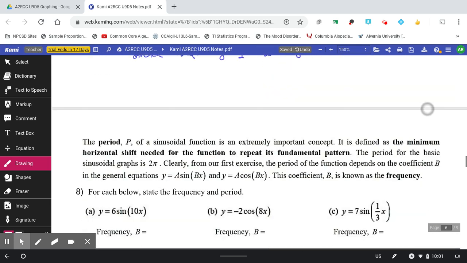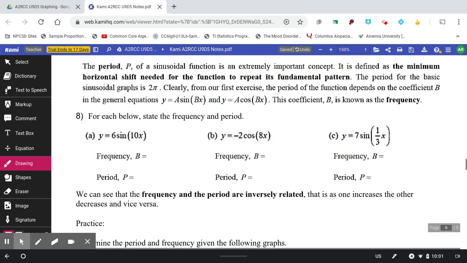All right. So the period, we just spoke about that. The period P of a sinusoidal function is an extremely important concept. It's defined as the minimum horizontal shift needed for the function to repeat its fundamental pattern. Okay, so the period for the basic sinusoidal graph is 2 pi.